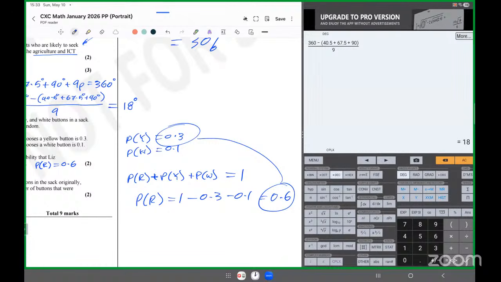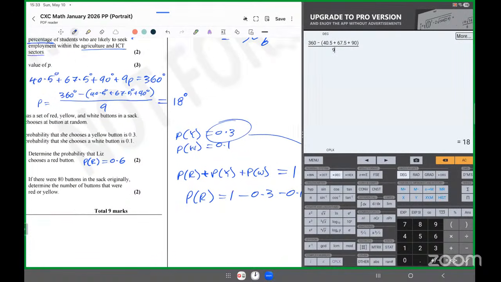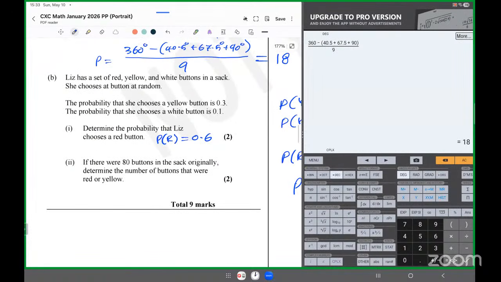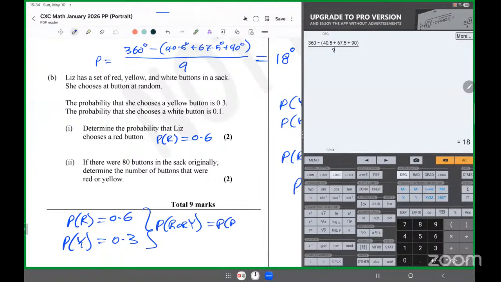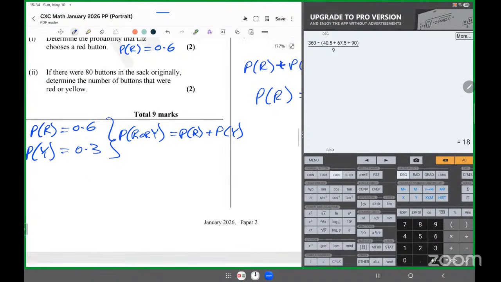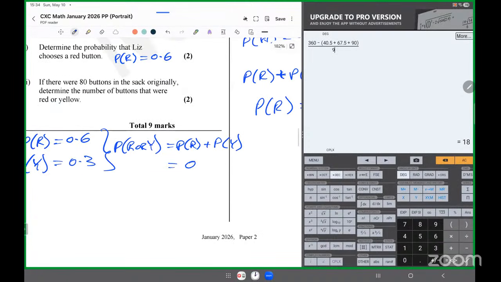Now there were 80 marbles in there. Let's set up like this. The probability of the red is 0.6 and the probability of the yellow is 0.3. Combined, the probability of red or yellow, you add them, which becomes 0.9.